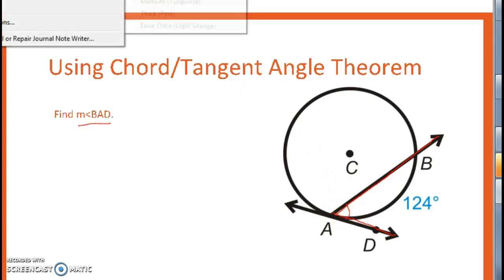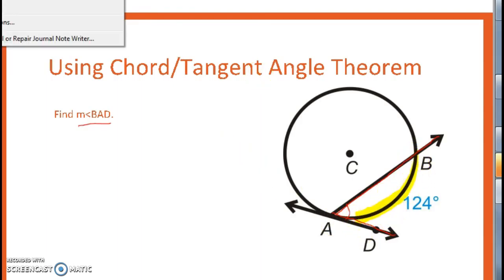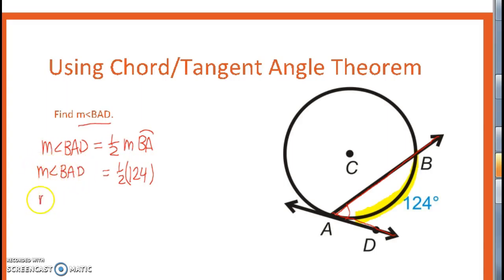And we know that that angle measure, according to the chord tangent angle theorem, is half of the intercepted arc from B to A. And so the measure of angle BAD is equal to 1/2 the intercepted arc from B to A. And I know arc BA measures 124, so I multiply that by 1/2. And I get 62 degrees.